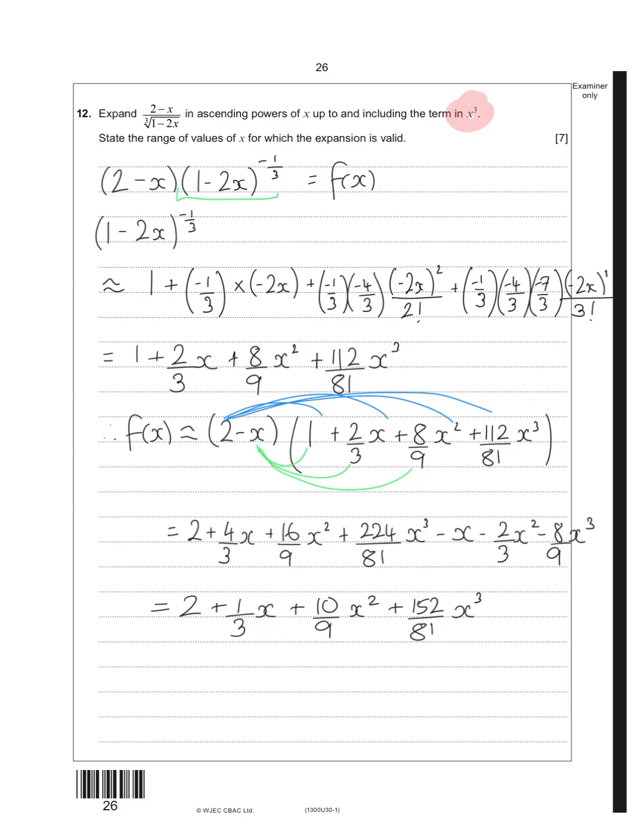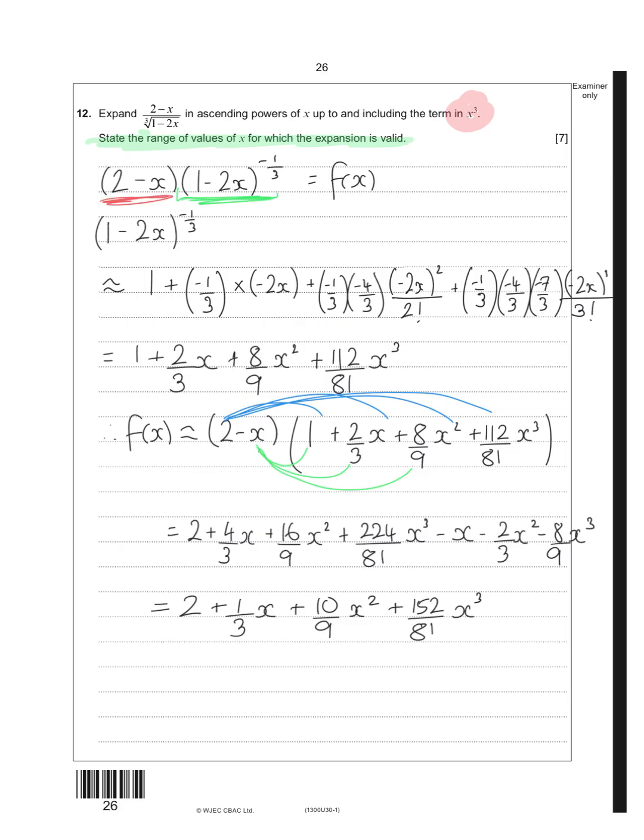And the bit that is forgotten so much because people are on autopilot and they don't remember to go back and read the question: find the range for which it's valid. Now remember, if you've got the product of two functions and then you find the expansion or approximation for that, the expansion is only valid for the more constricting of the two. So we know that this bit here is valid for all x, so we really only have to consider what this one is valid for.